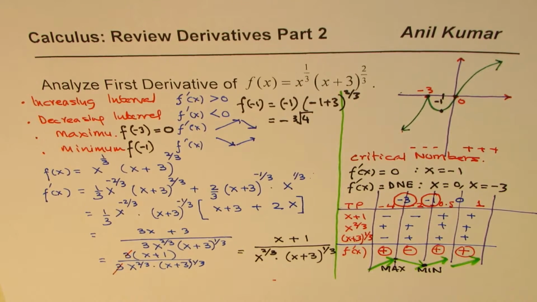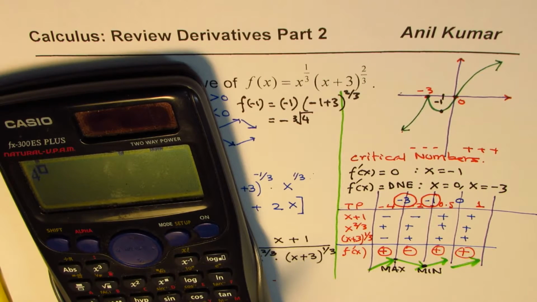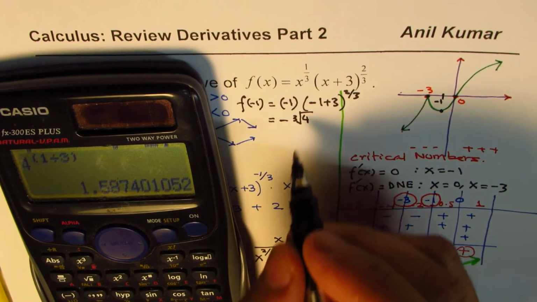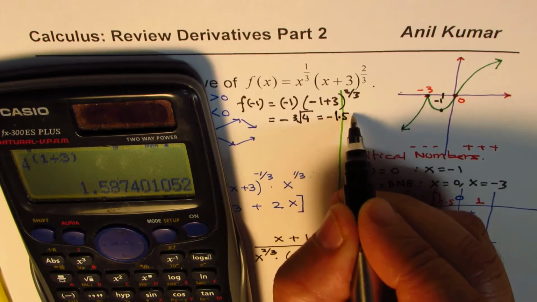So we can just calculate this value in decimals and figure it out. Cube root of 4 is what we're looking for. So 4 to the power of 1 by 3. So that is what we're looking for, right? So it is, let's say, minus 1.58.